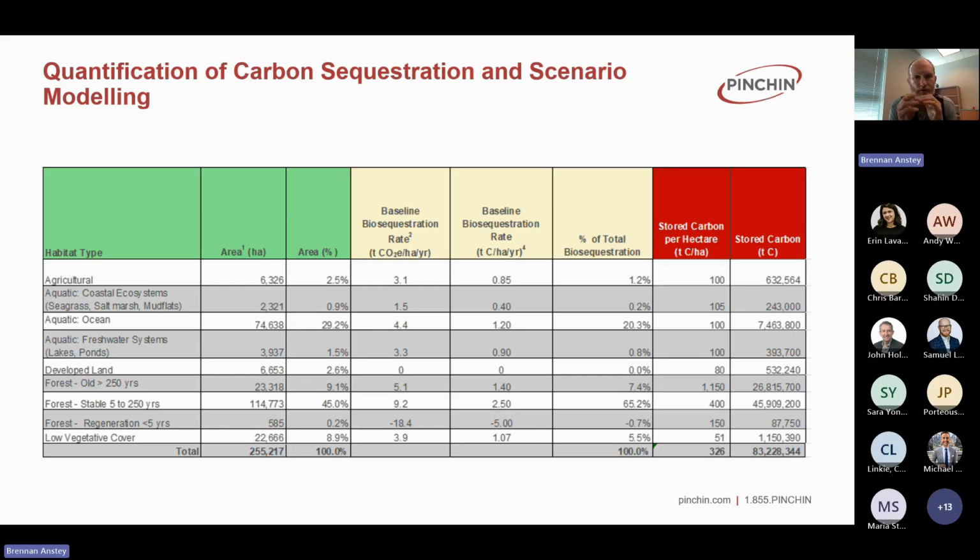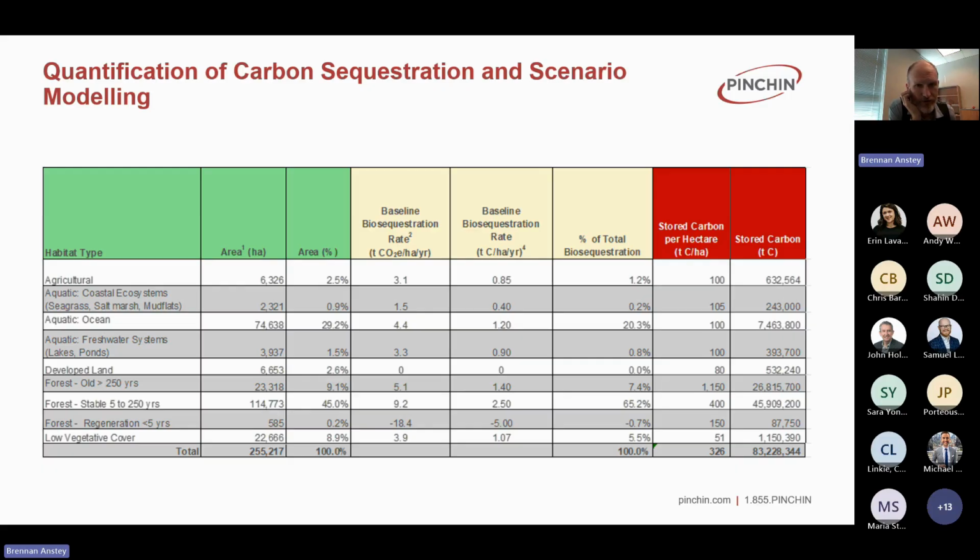It's a simple conversion, so we had both numbers there just to make the model work. And then we looked at how much biosequestration we're actually getting. So basically we just multiply the green by the beige, oversimplifying a bit, but essentially we multiply those 2 together and we get the percent of total biosequestration.